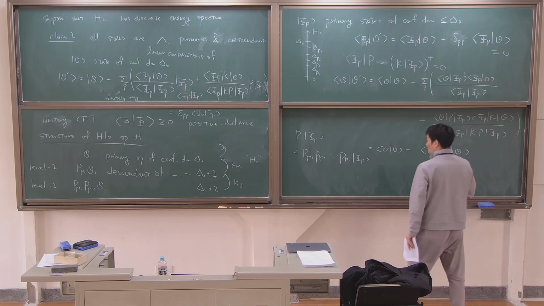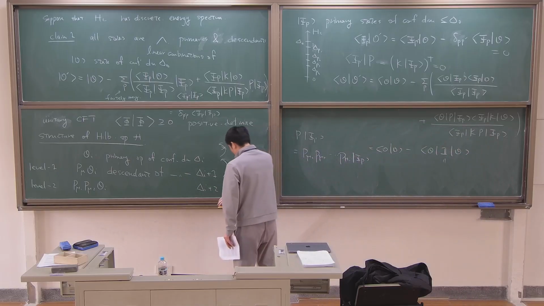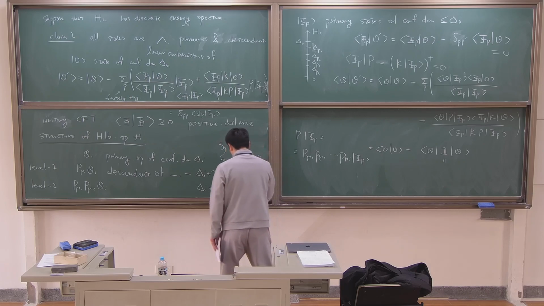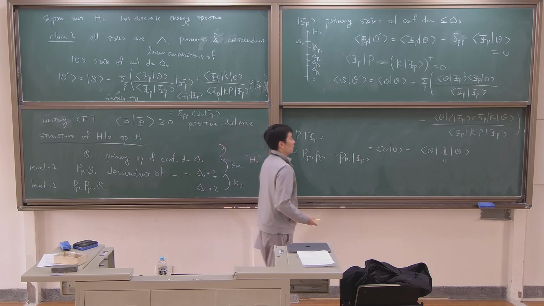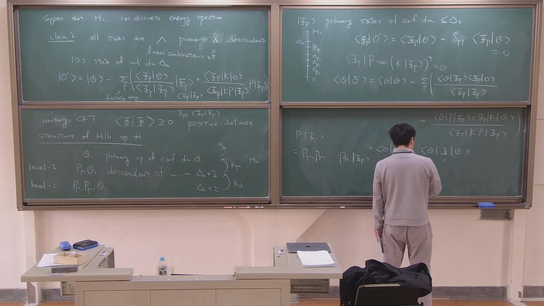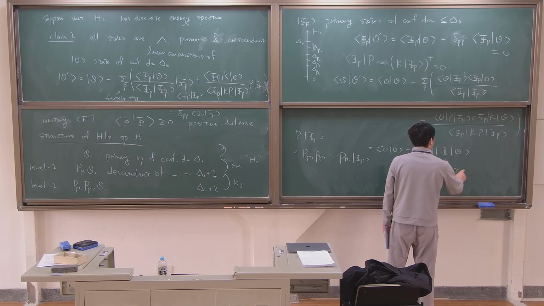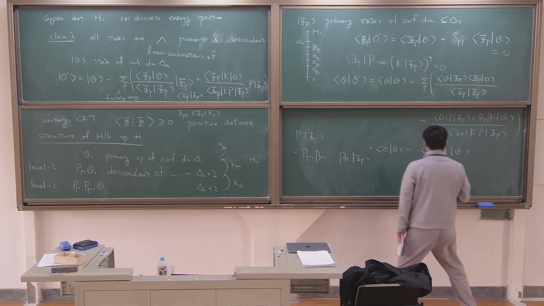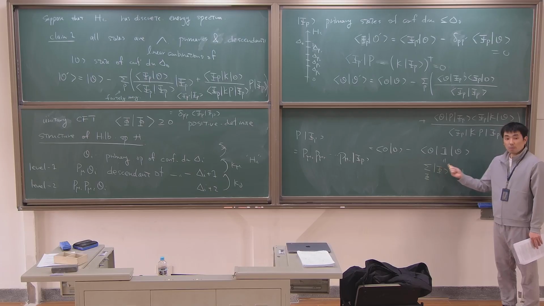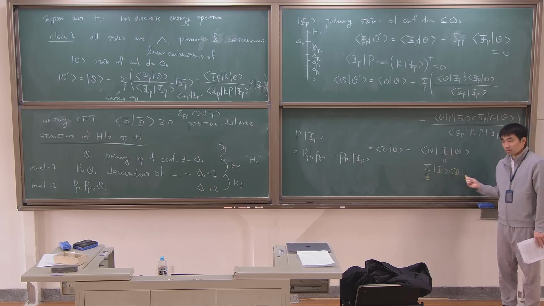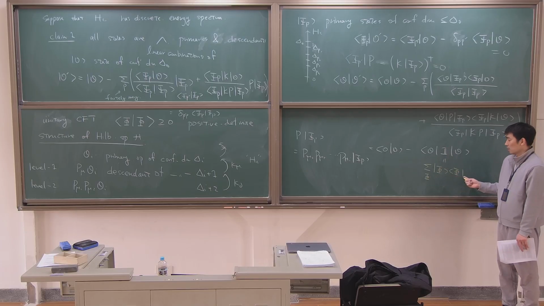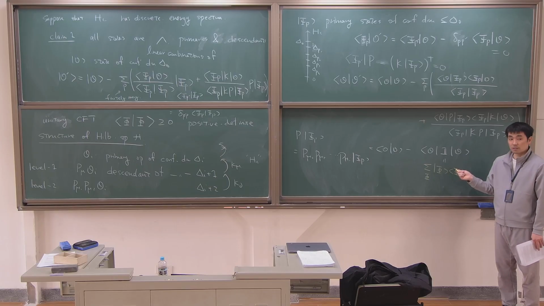This is what we usually do in quantum mechanics: the identity is the sum over all possible states with appropriate normalization, which are orthogonal to each other.